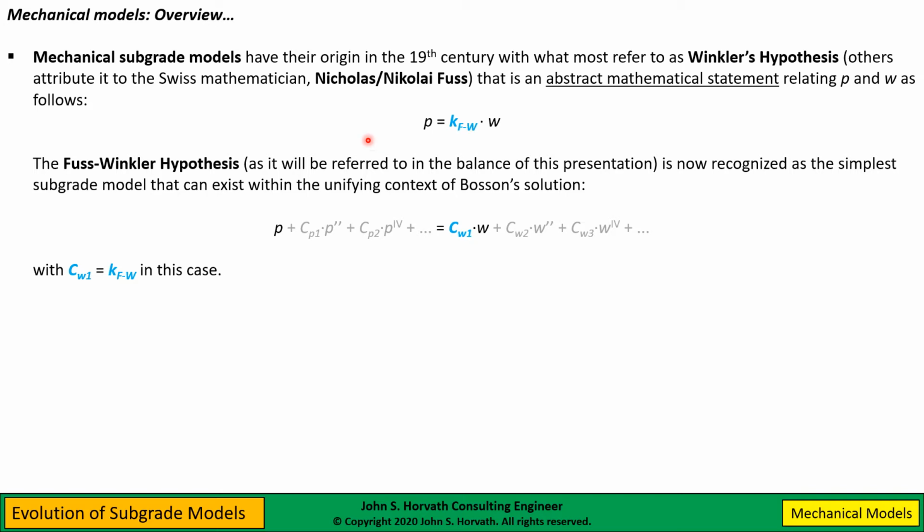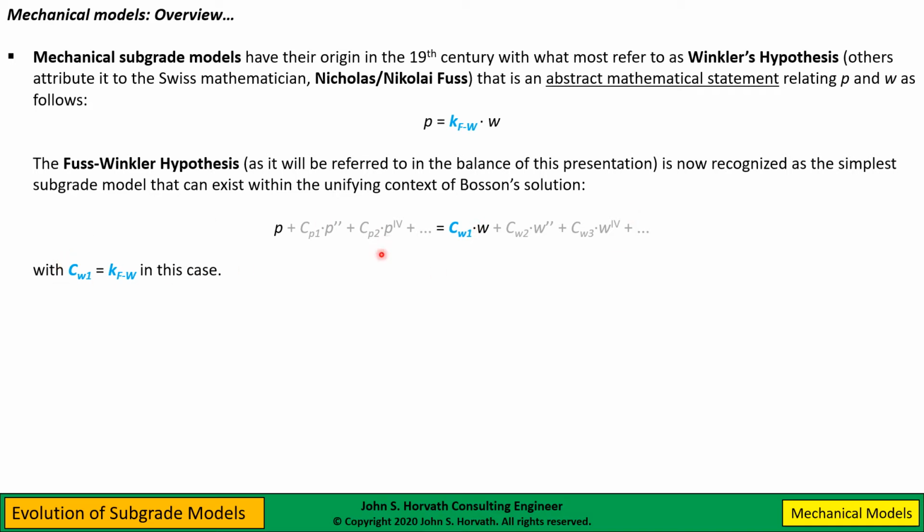Now we can relate this to the Poisson solution by noting that the Fuss-Winkler hypothesis is now recognized as the simplest subgrade model we can come up with, because we retain the first terms on either side of Poisson's infinite series.